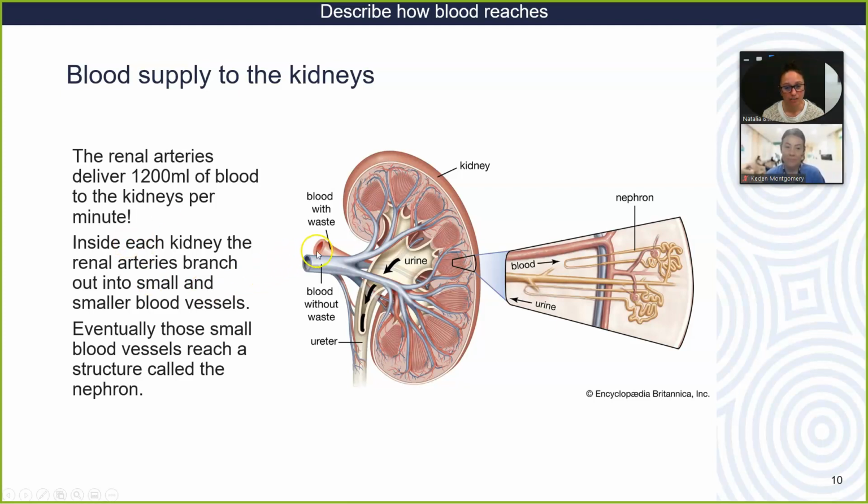Now, when you see the blood going into the kidney, those blood vessels get smaller and smaller until they reach a structure called the nephron. So we go smaller and smaller until we end up here. So you've got blood supply going in, smaller and smaller until the blood interfaces with these little structures called the nephron.